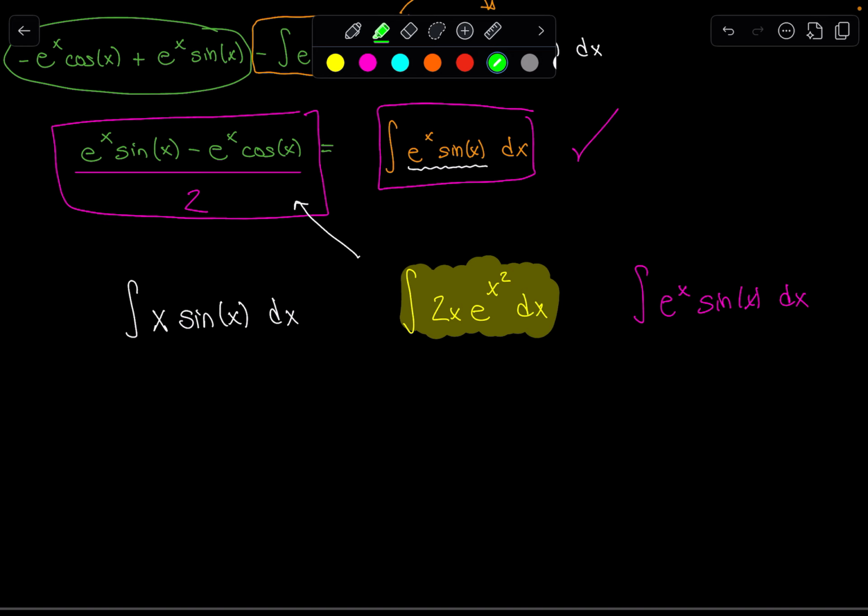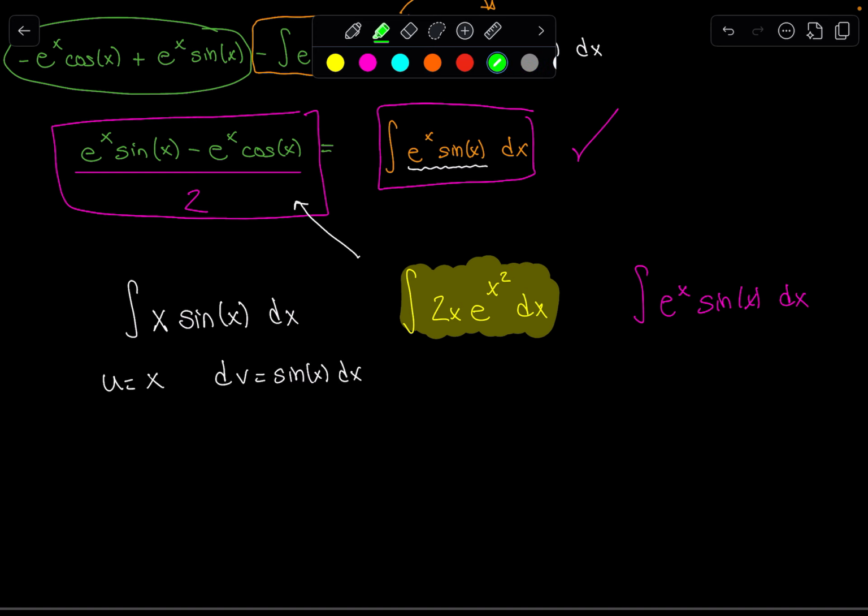Typically, it's a good idea to let your u be the thing that's going to get simpler over time. So, if you were to scroll back in the video, you would have seen that we got u equal to x and dv equal to sine of x dx.